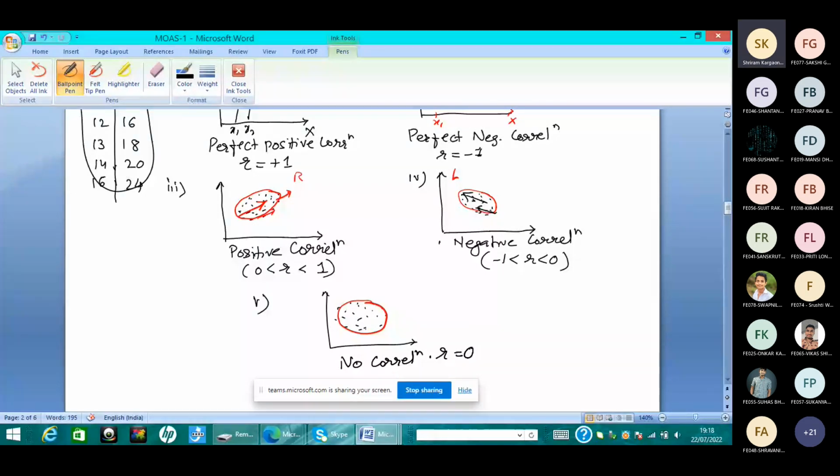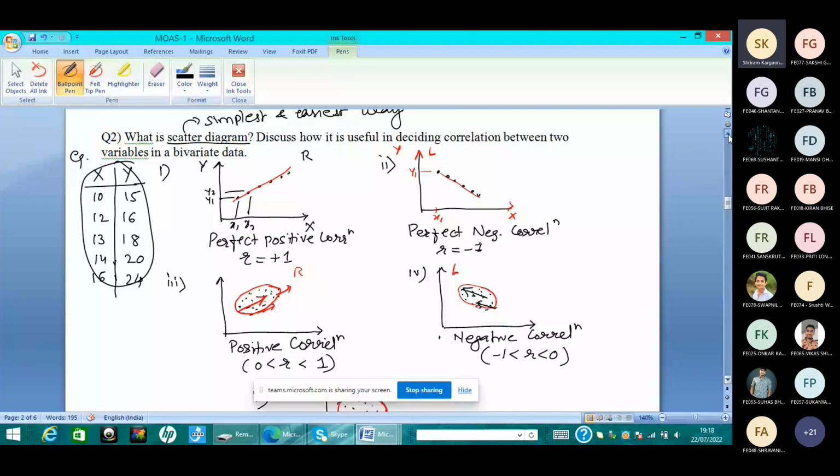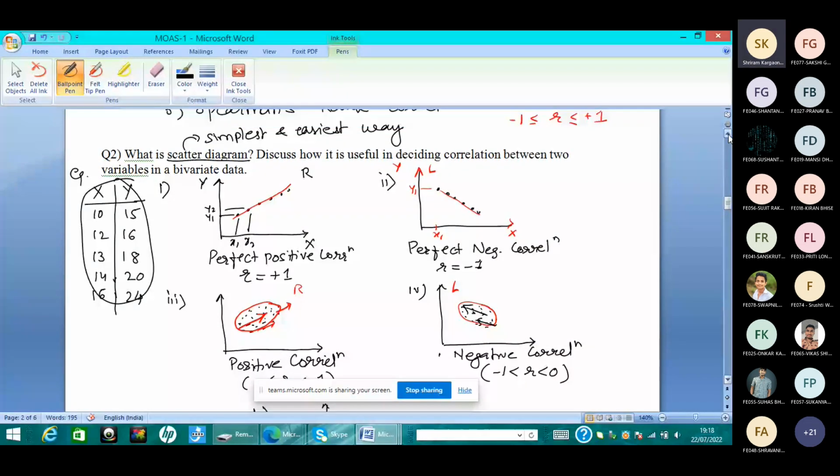So in this way, we use the scatter diagram. What do we mean by scatter diagram? A scatter diagram means representing the bivariate data along the xy axis and then identifying the correlation from the way it is plotted.